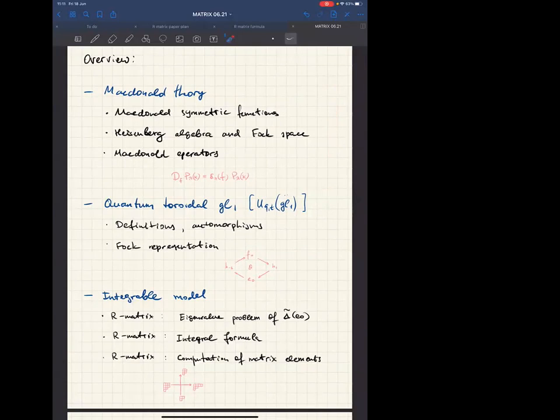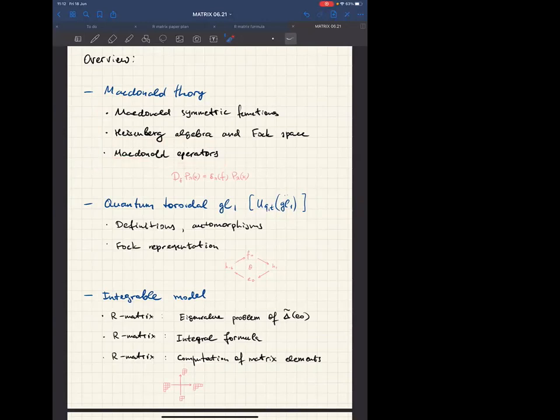This is all about symmetric functions and Macdonald theory. So I will start with that. I will recap some basics of the Macdonald theory. And I want to switch to the Heisenberg formulation, which is equivalent to the symmetric functions formulation. I will use Heisenberg operators to build Macdonald operators.